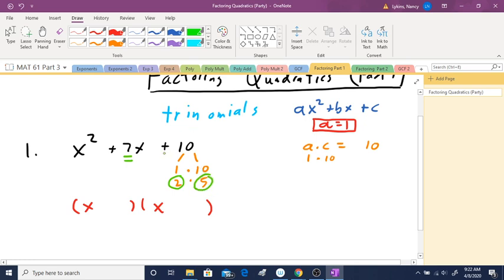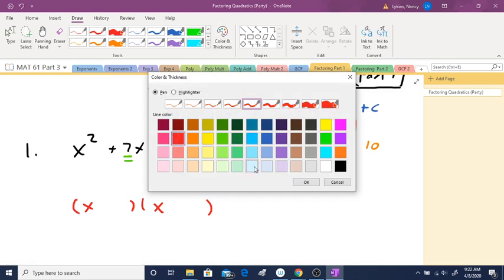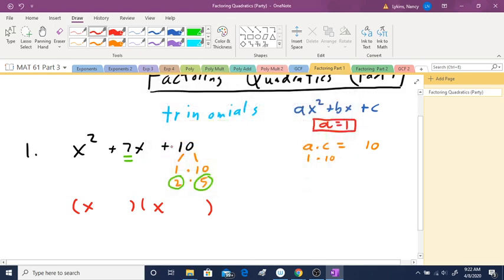Now, since this is a plus 10, that means both in my parentheses are going to be either positive positive, or negative negative, depending on this 7 right here that I've got underlined twice. And since that's a plus, that's going to be plus, and 2 and 5.